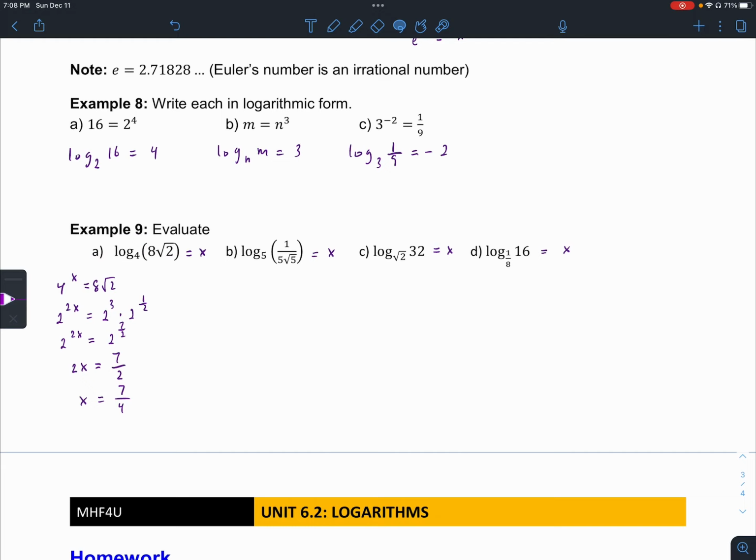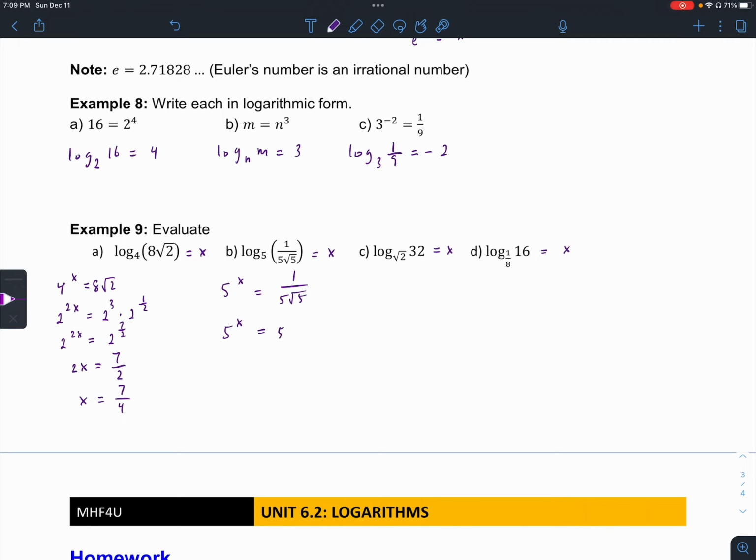Now for the next one here, 5 to the exponent of x is equal to 1 over 5 root 5. Common base is 5 here.